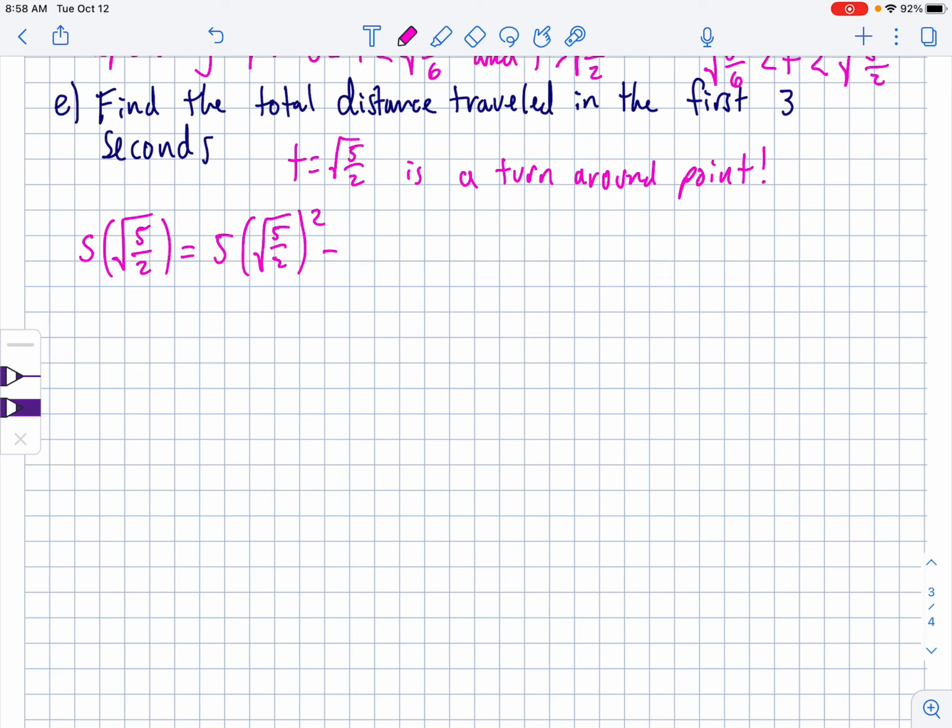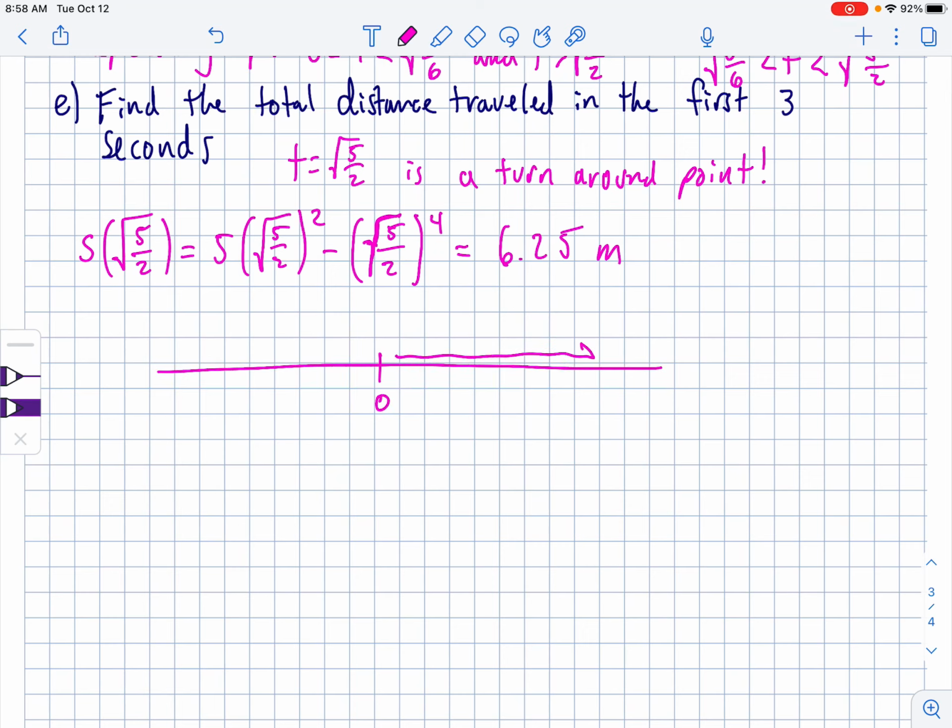So this would be 5 times root 5 over 2 squared minus t to the 4th, but t is root 5 over 2. Get that square root all the way around. Squared. No, to the 4th. Come on, you've come so far, just finish it. If you crunch that out on your calculator, or you could do it by hand, it's 6.25 meters. So that means it went 6.25 meters to the right.